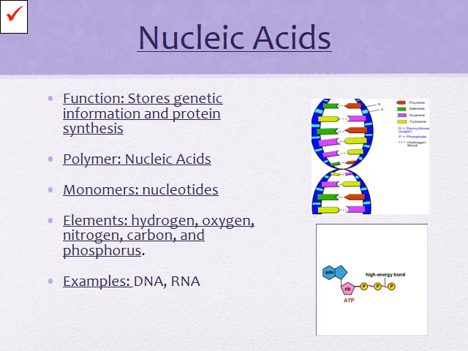A nucleotide is comprised of a sugar, a phosphate, and a nitrogen base, being either adenine, thymine, guanine, or cytosine. You won't have to know that just yet, just giving you fair warning. The elements found in nucleic acids include hydrogen, oxygen, carbon, nitrogen, and phosphorus. Great examples of nucleic acids include both DNA and RNA.